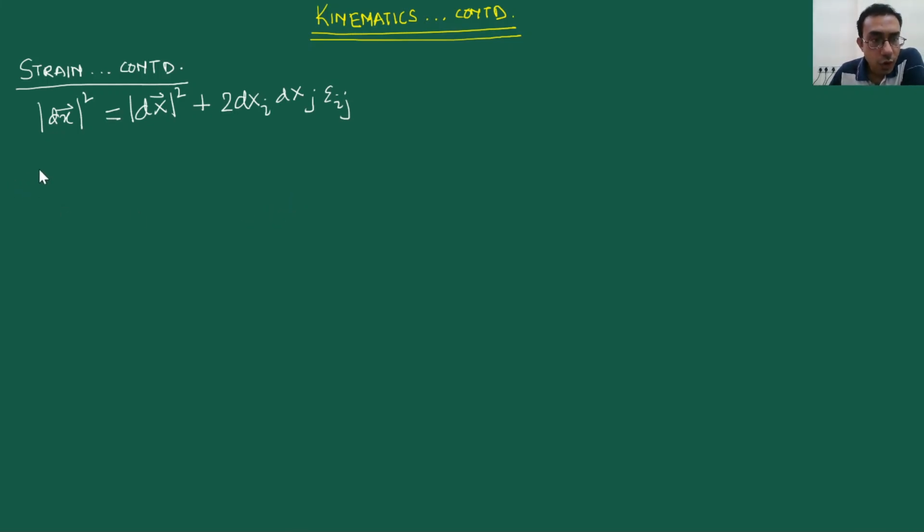Now what we want to do is introduce the unit vectors corresponding to these dxi and dxj. So we understand that this dxi is a vector and it has a certain magnitude, which is nothing but the dx vector magnitude without the square.